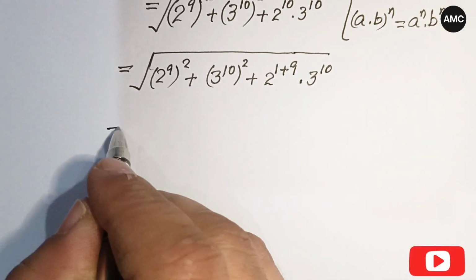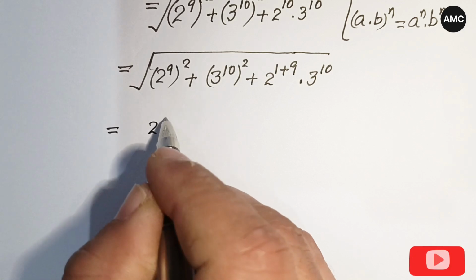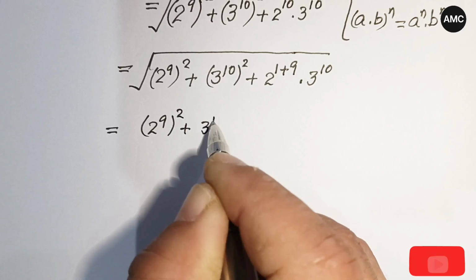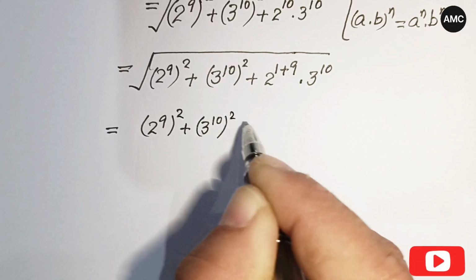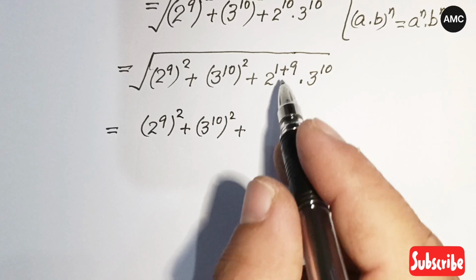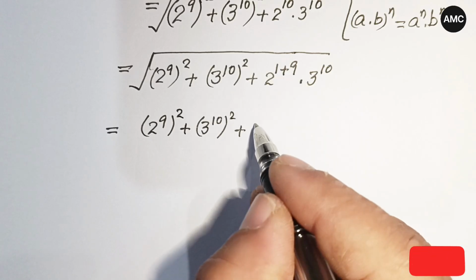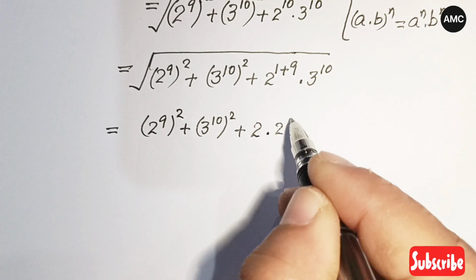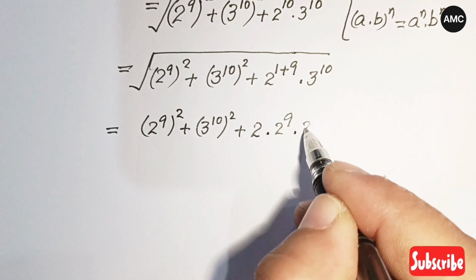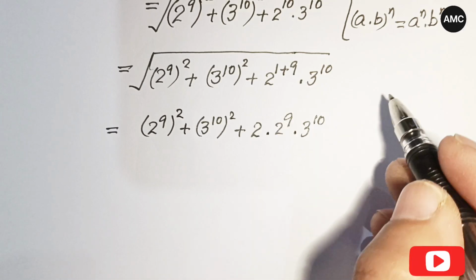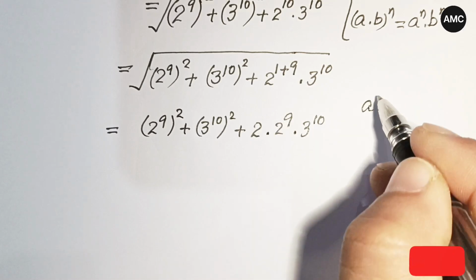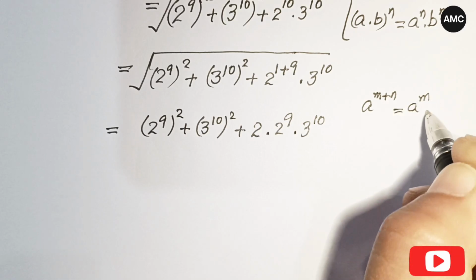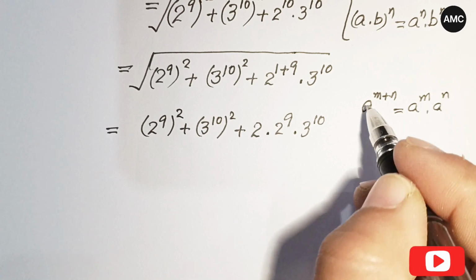So 2 to the power 1 plus 9 is 2 to the power 1 times 2 to the power 9, and here we have 3 to the power 10. Applying this property, if we have a to the power m plus n, it is equal to a to the power m times a to the power n.